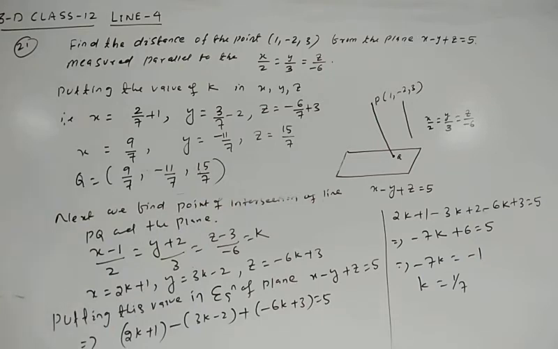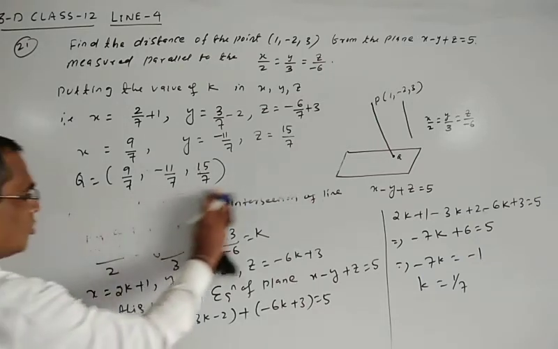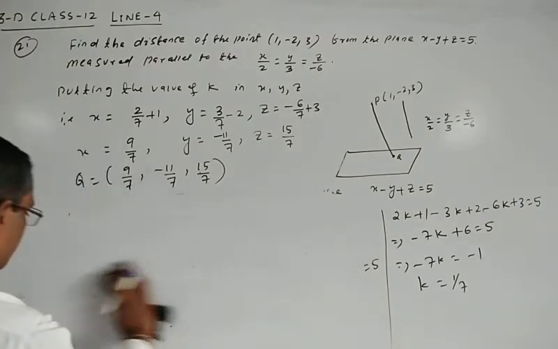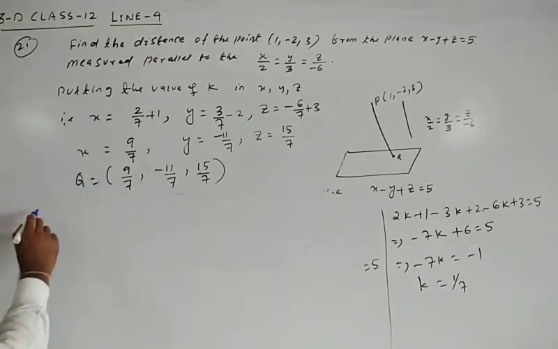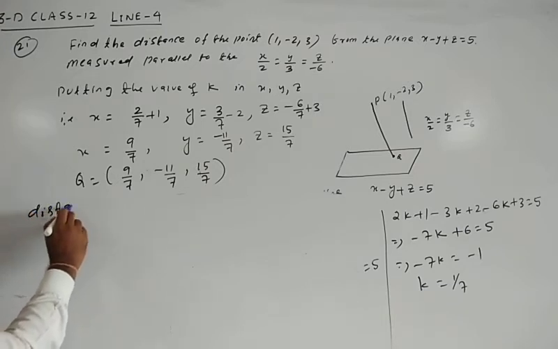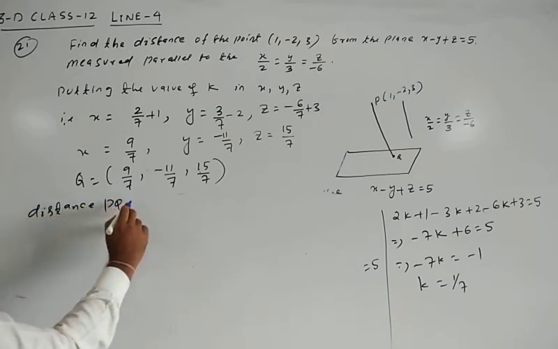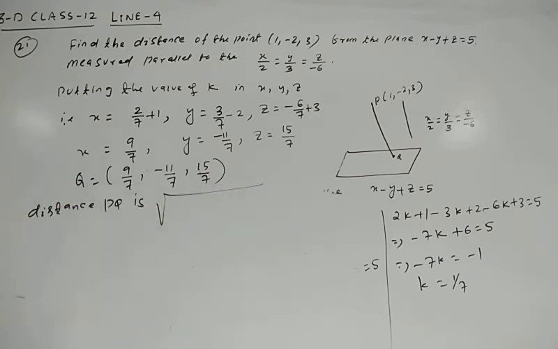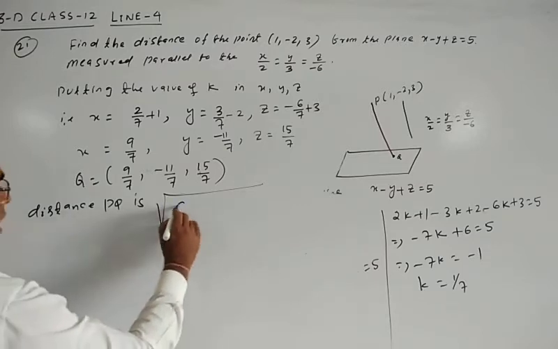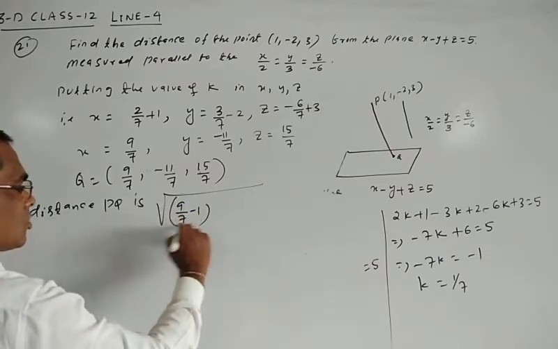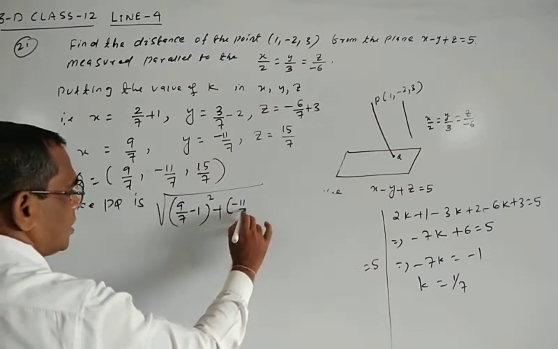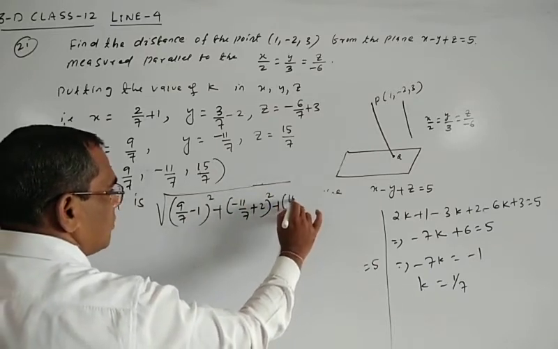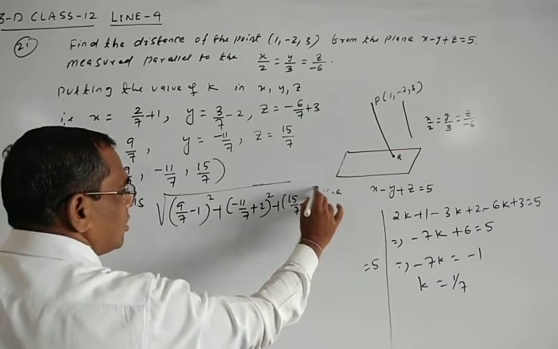Now we find the distance from the point P to Q. So the distance PQ is root of (9 by 7 minus 1) the whole square plus (minus 11 by 7 plus 2) the square plus (15 by 7 minus 0) square.